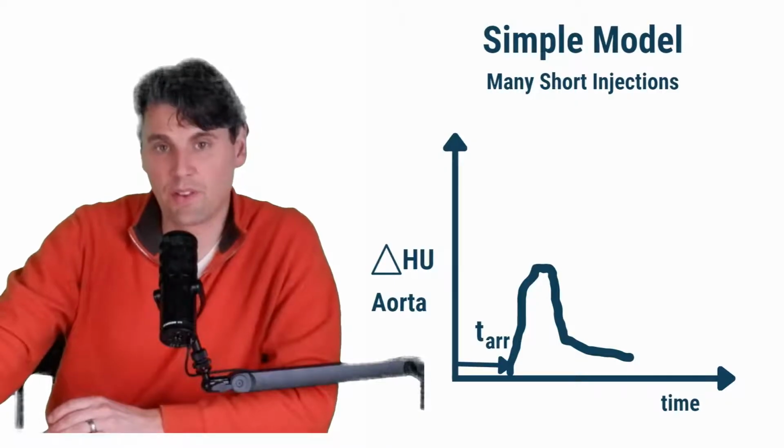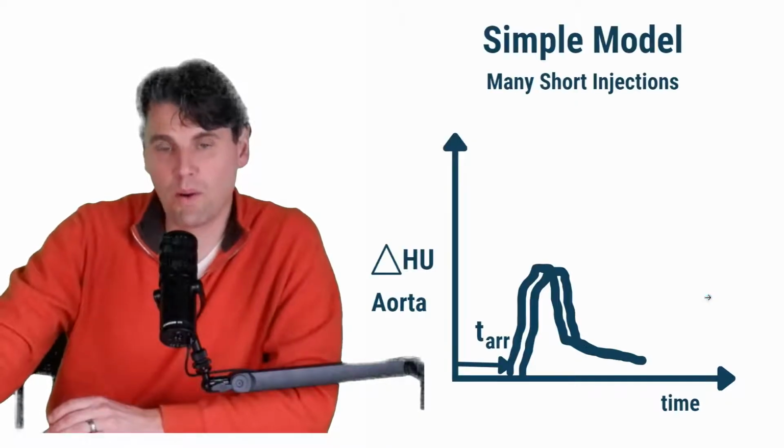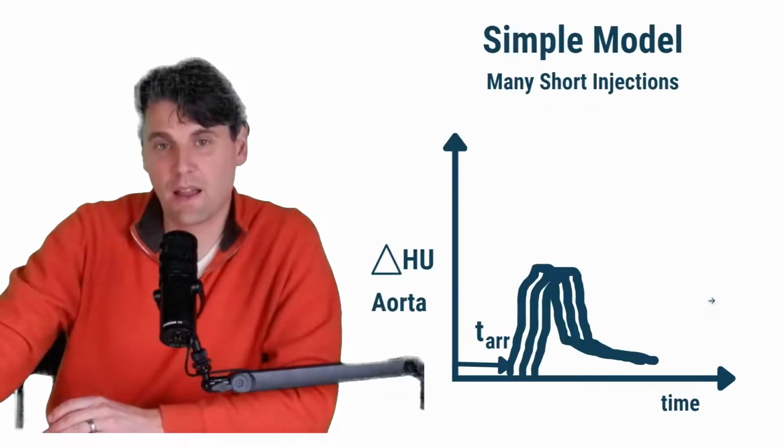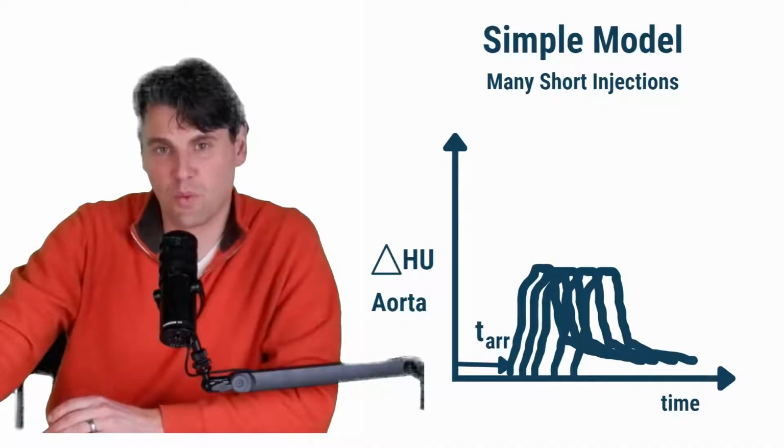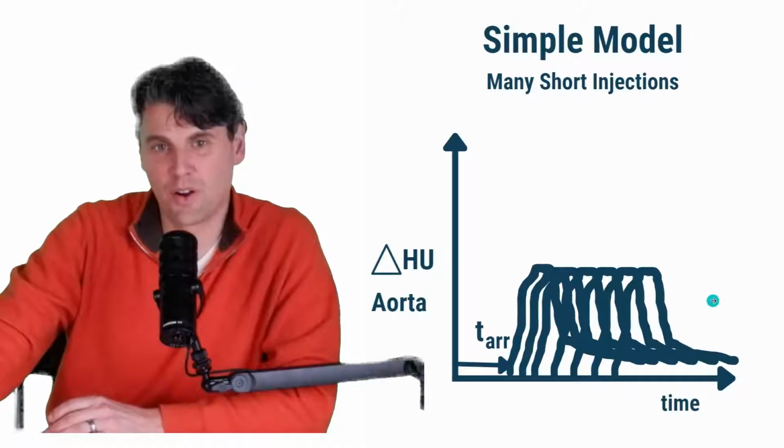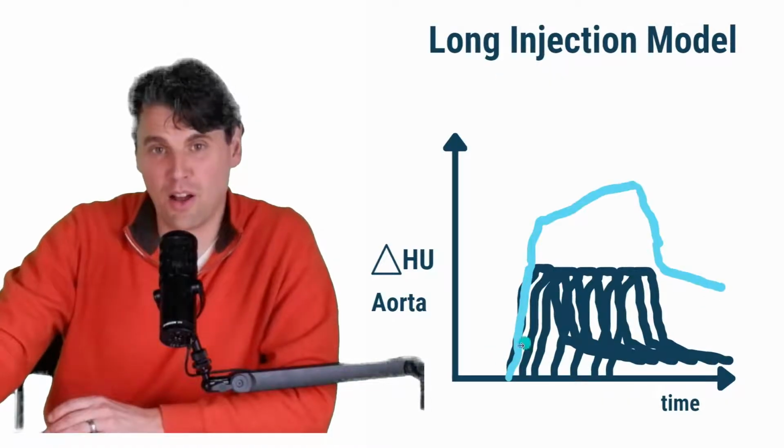If we think about our simplified model, one way to make a long injection is to make many short injections. So here is an example where we keep adding many short injections in order to build our long injection. When we add all those short injections together, you can see the long injection looks something like this.